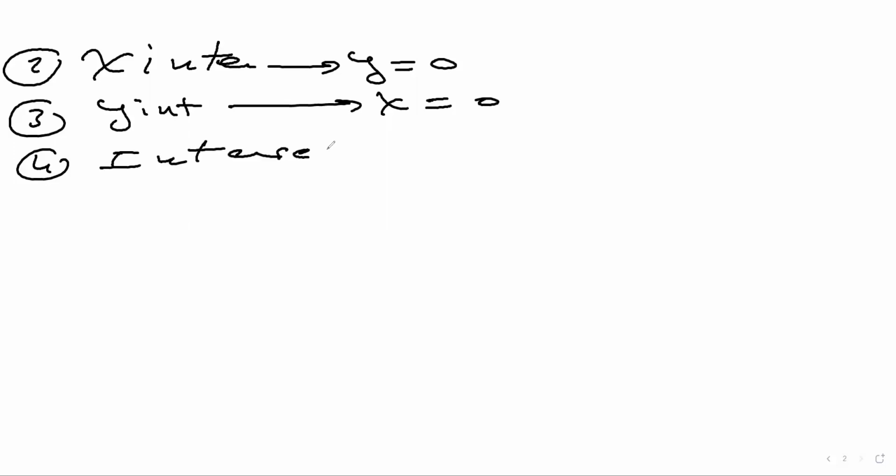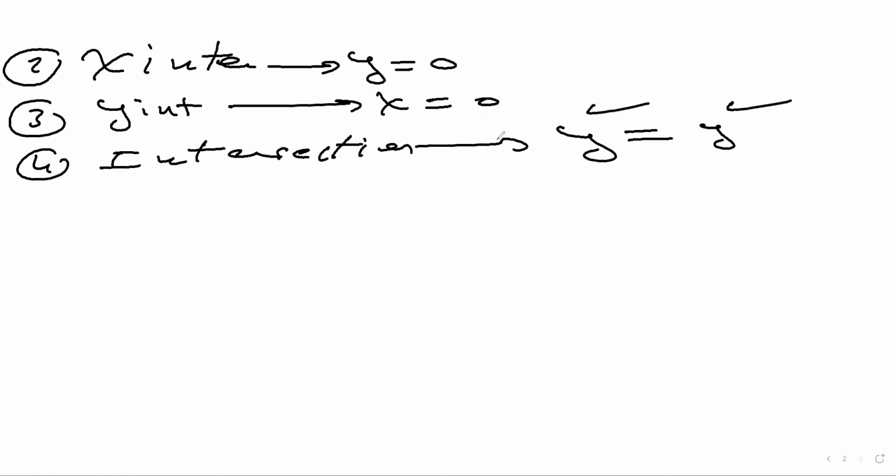When we hear the word intersection, it means the y of the first line equals the y of the second line, or the y of the first equation equals the y of the second equation, whatever it is. Maybe a parabola or linear, maybe an inequality, maybe a power of 3 and linear. So the first y equals the second y.